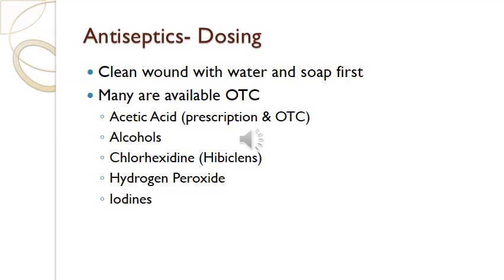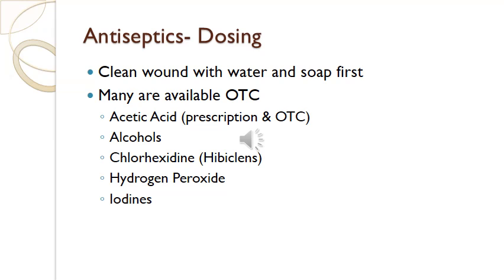Cleaning with soap and water is really all you typically need to do to thoroughly clean a wound. A lot of the antiseptics are actually going to destroy the wound bed and cause inhibited wound healing. So clean it with water and soap, or even a sterile saline solution, is really all that's needed.